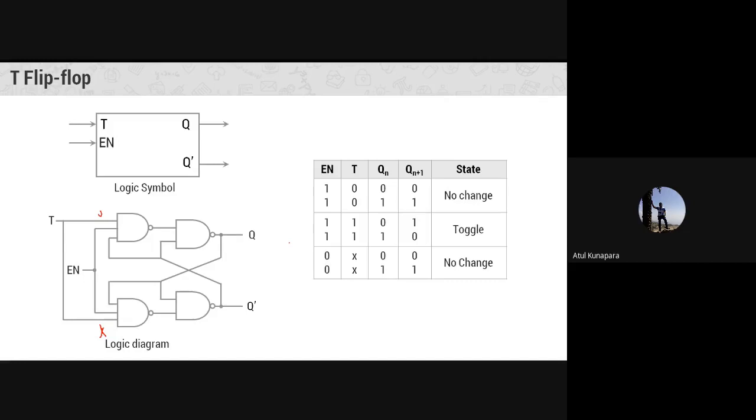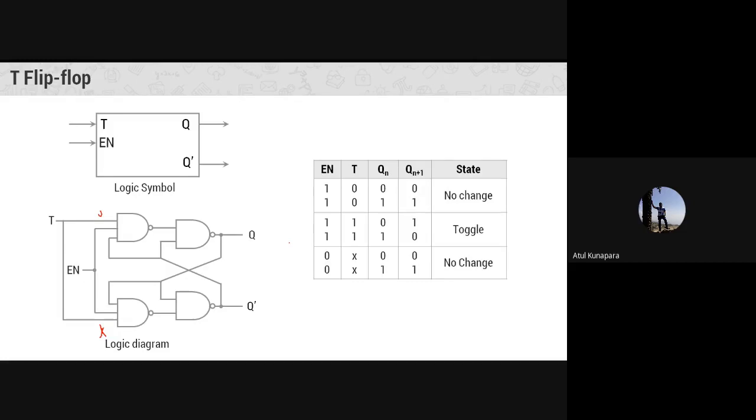That means any of these flip-flops, RS or JK or D or T flip-flop, you can use to store the output data of your combinational circuit, and that data can be applied at the input of your combinational circuit to complete a closed loop and make a feedback path, and so to develop a sequential circuit, right? So this flip-flop will be the main memory block which enables us to have a sequential logic circuit.